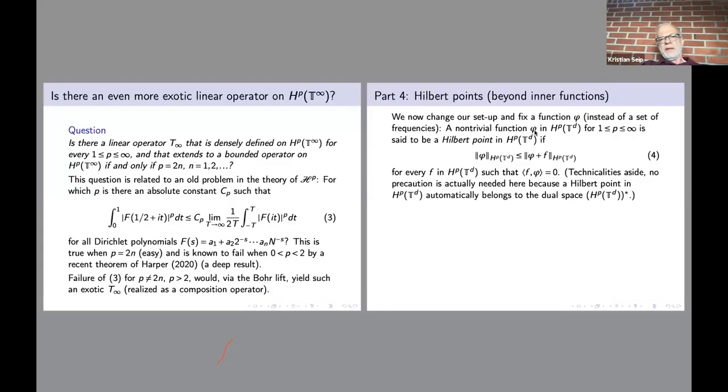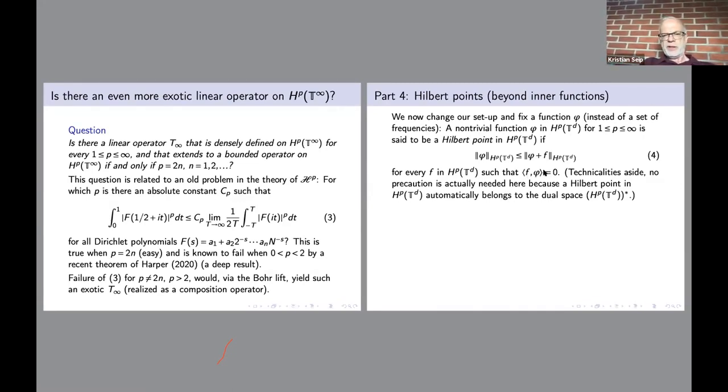So we say that a non-trivial function phi in HP of TD is a Hilbert point if we have this norm inequality for all f in HP such that f and phi are orthogonal in the usual sense. Okay, so this is just usual L2 orthogonality.